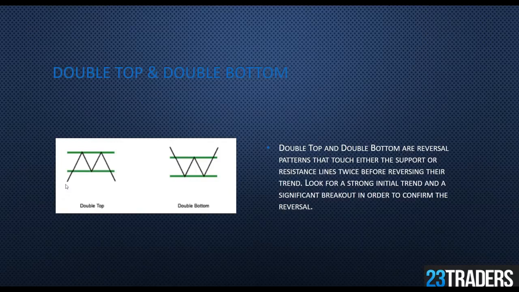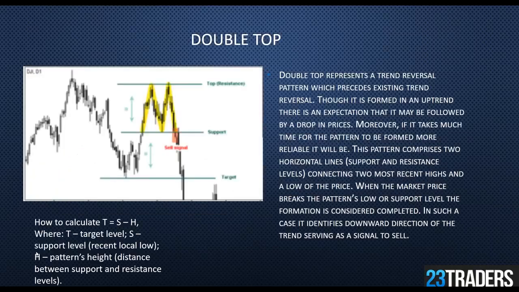Price is moving up in an uptrend, hits this resistance line, bounces off of it, comes down to the support line, goes back up to the resistance line, and then falls back down and breaks through. So they look just like W's. They're double tops, and the next step is a triple top, and the calculations are done exactly the same.